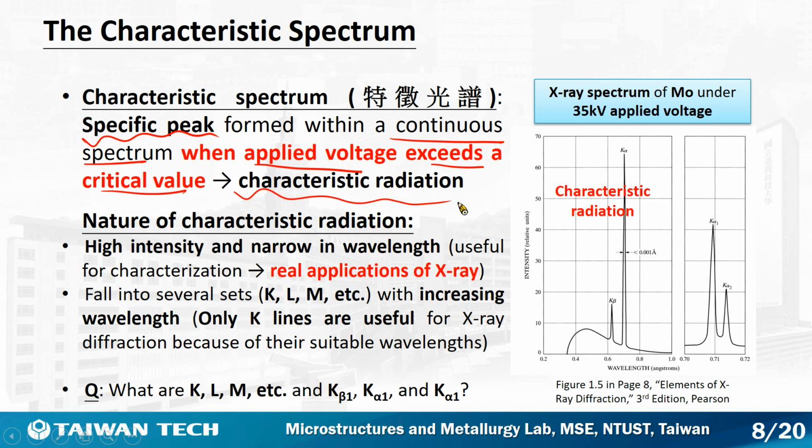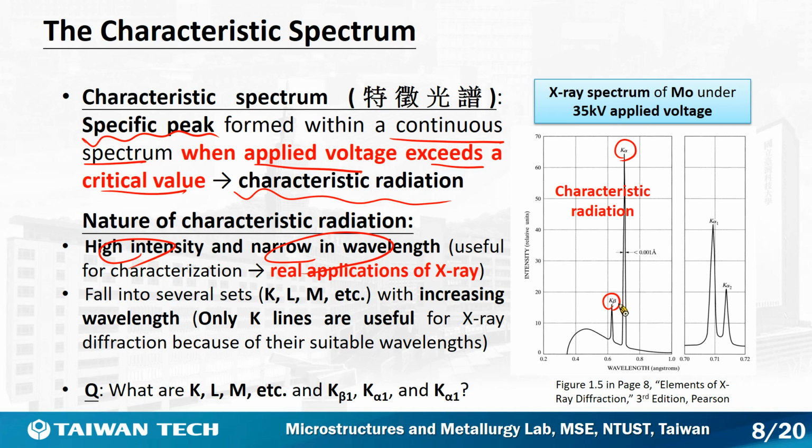And by nature, it shows a very high intensity and is narrow in wavelength. As you can see here, this is the peak for K alpha and K beta. You see the peak here has a very narrow range in the wavelength, and so also shows a very sharp peak. That is the high intensity.